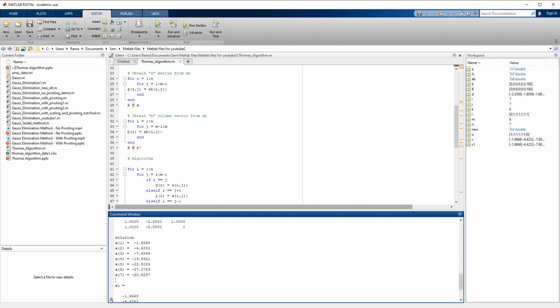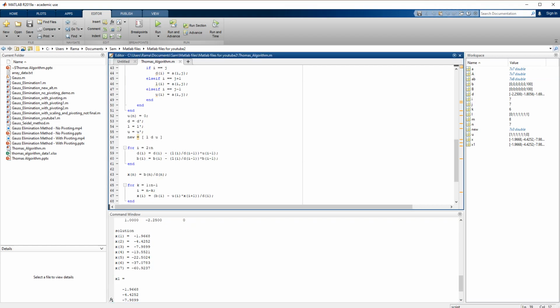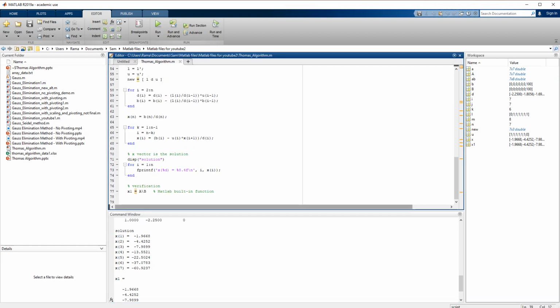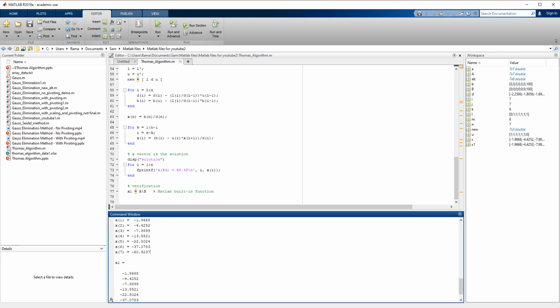And when we compare the solution to the solution obtained using the built-in function in MATLAB, which is A\B, they pretty much match. So x1 over here is negative 1.9668 and x2 is negative 4.4252 and so on. The last one is negative 60.9237.